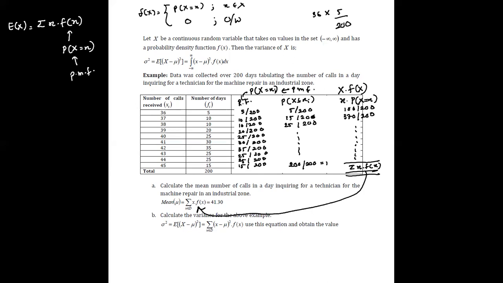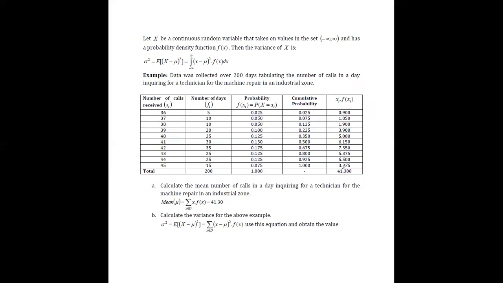If I show the answer, you can see the multiplications give this set of values, and the summation is 41.30. Therefore, we can interpret this result as: on average, per day they get 41.3 calls asking for a technician for a machine repair.